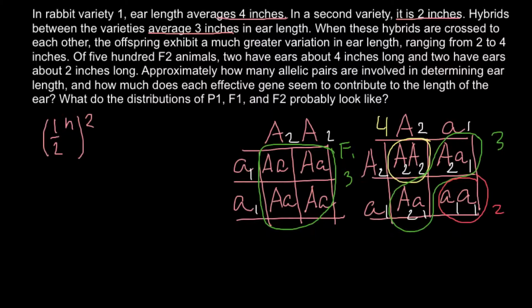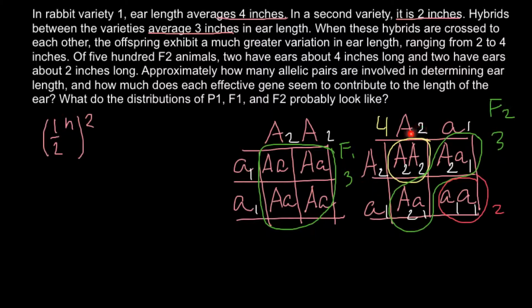Right now I'm showing you just one locus, and we don't know yet how many loci there are, how many genes, how many alleles controlling this trait, but this is an example of the F1 generation, and this would be an example of the F2 generation when we took all these genotypes and crossed them together.